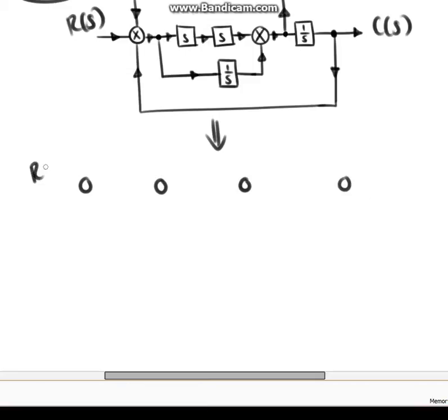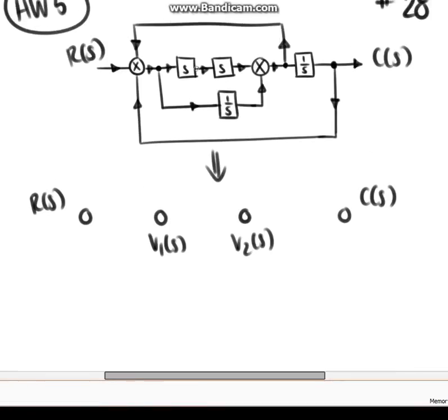So this is our R of S, this is our C of S, and we're going to call these V1 of S and V2 of S. From this signal, according to our block diagram, this will be our V1 of S, and here this will be our V2 of S. For the most part, wherever the summers are will be the nodes in the signal flow diagram.